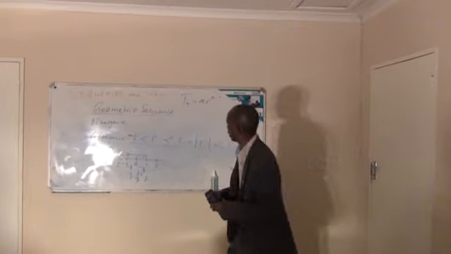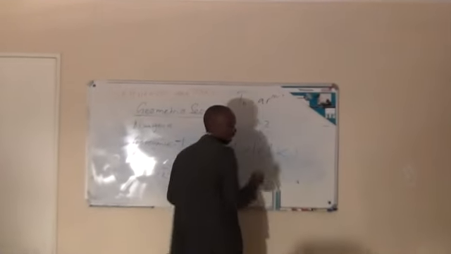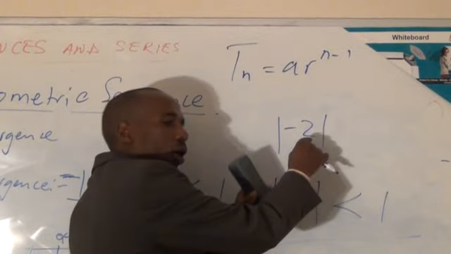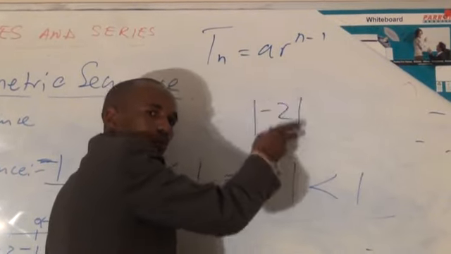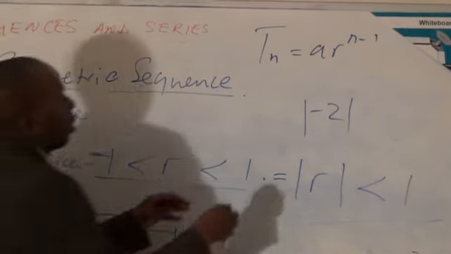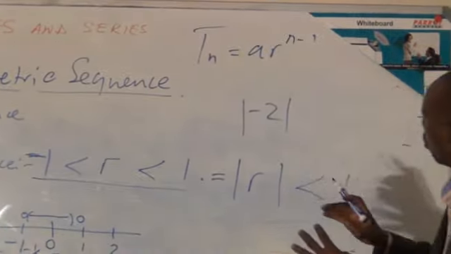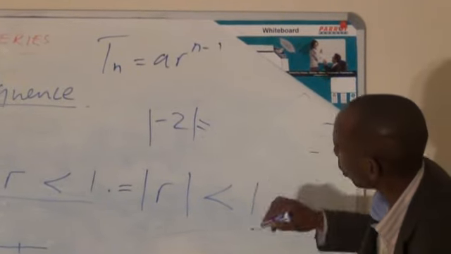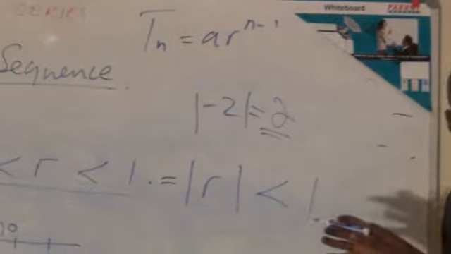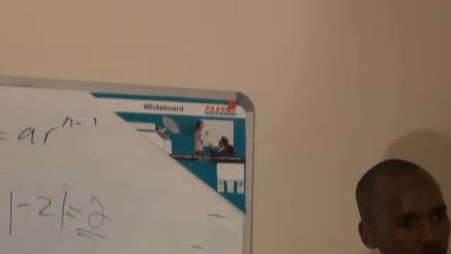What does that mean? The modulus of minus 2, as an example, as a quantity, will be equal to 2. We just want the absolute value. We are not worried about the sign.